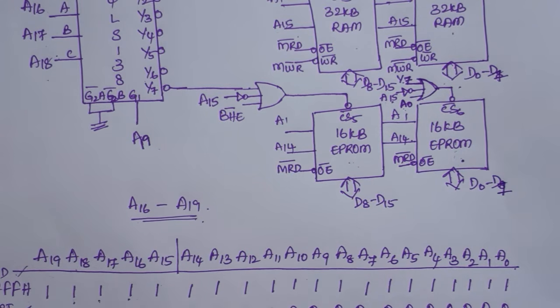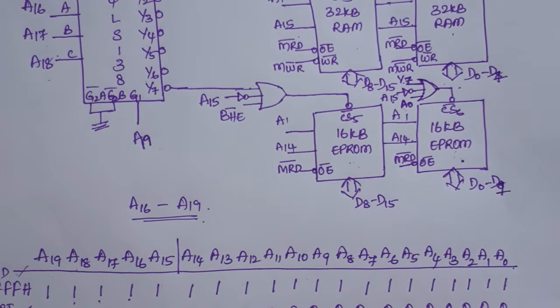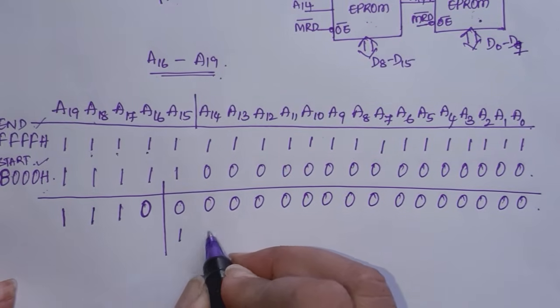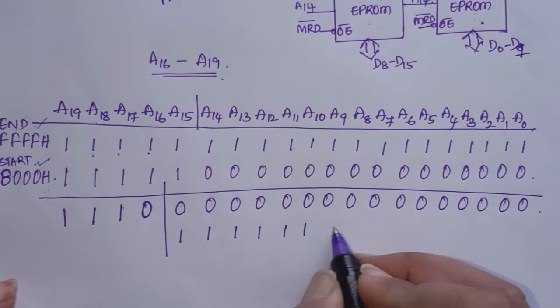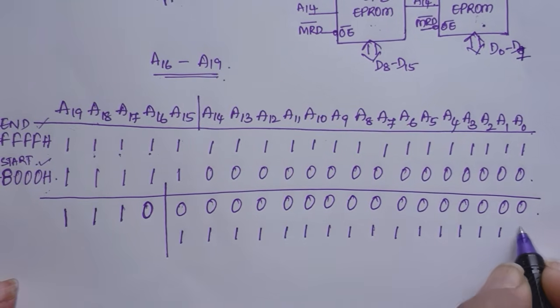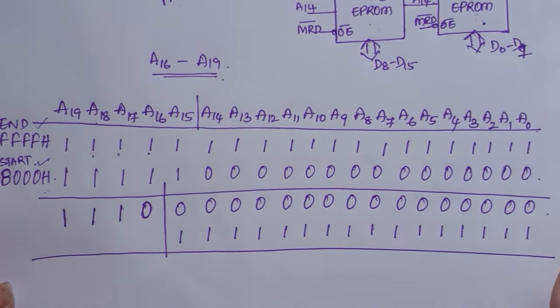So here it is 6, and all bits equal to 0 will be the start address of the RAM, and all bits equal to 1 will be the end address of one pair of RAM chips.